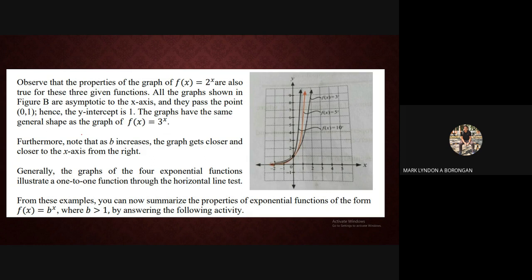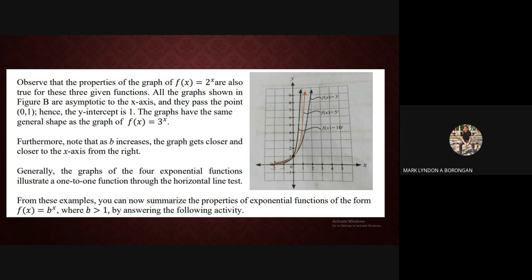Furthermore, note that as b increases, the graph gets closer and closer to the x-axis from the right. So og magkadako daw tong base dara, di ba tong base diari kay 3, 5 og 9 og 10, I mean. So if magkadako daw siya, mas magkaduol siya sa atong x-axis from the right. Okay?